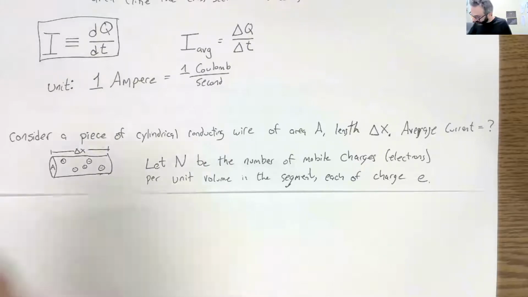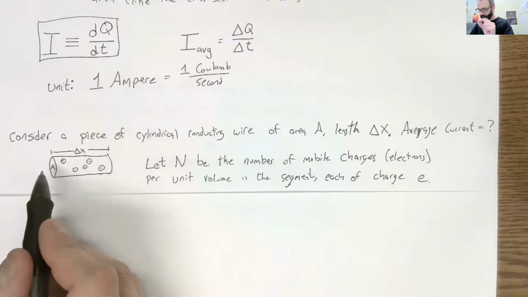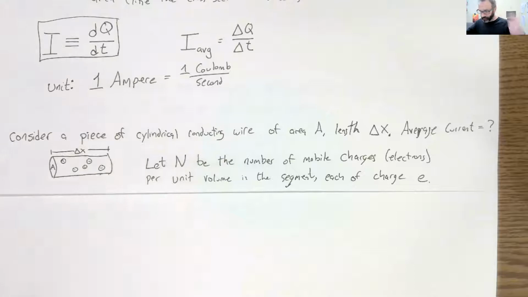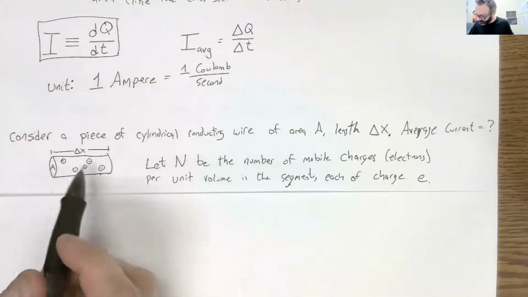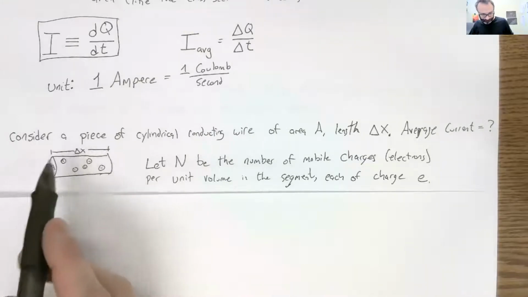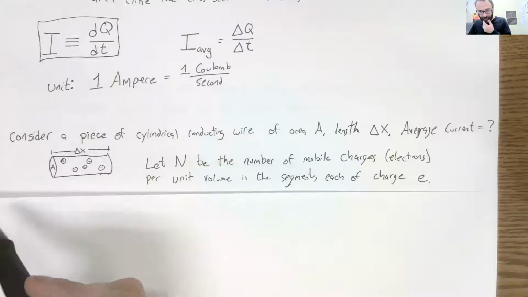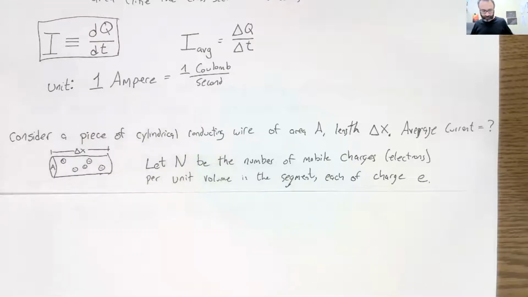It has cross-sectional area A, and in most wire that's a pretty small area, but we could have a bigger wire as well. It doesn't really matter. A is the area of the cross section, and we'll say delta X is the length of the piece of wire. We want to get a good expression for the average current passing through that wire, and that expression is going to help us tomorrow when we define resistance and resistivity.